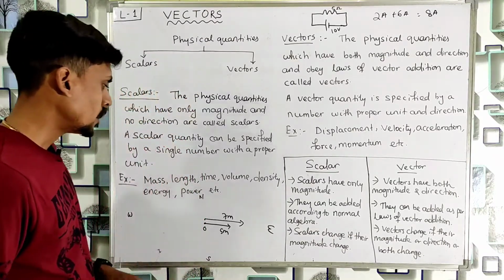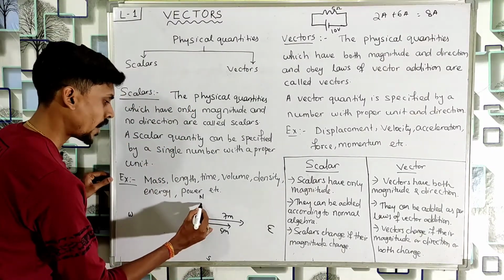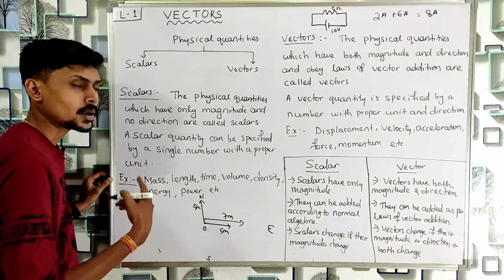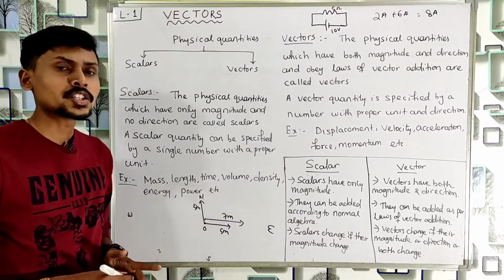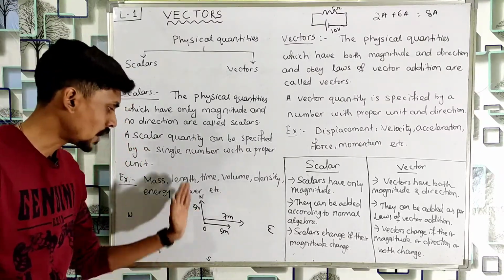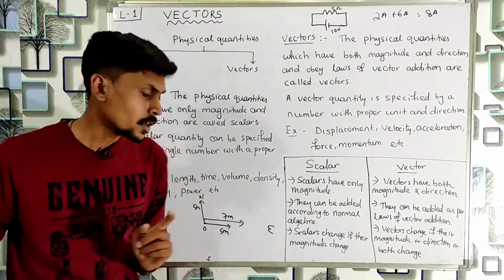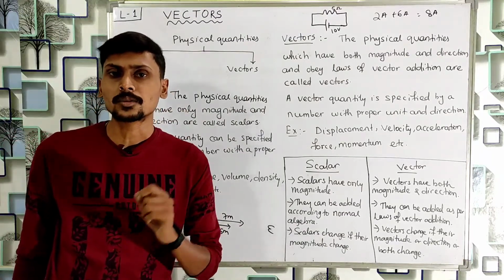Suppose assume that a third person moves the same 5 meter but along the north direction. A third person C moves a distance of 5 meter in a straight line along north. So what is the displacement? 5 meter towards north.